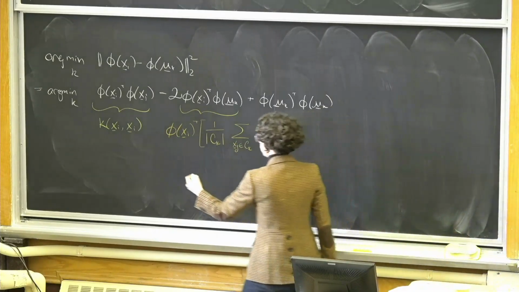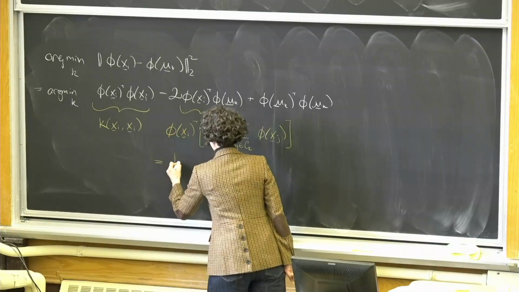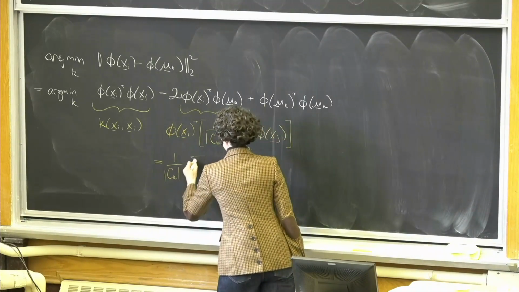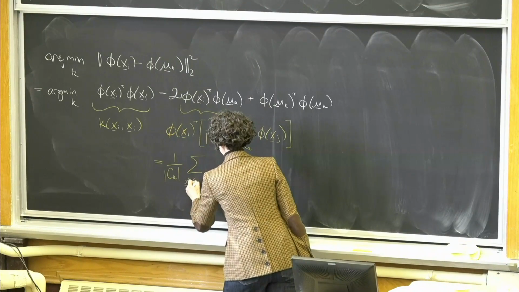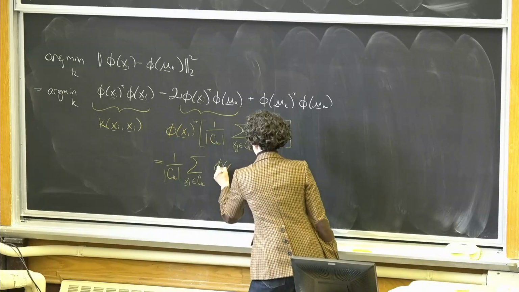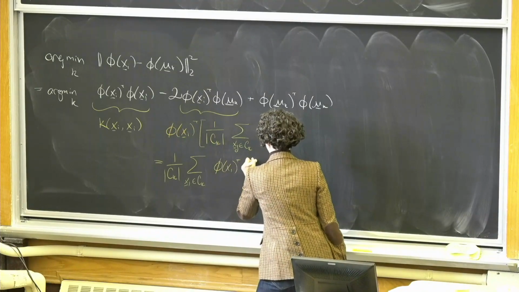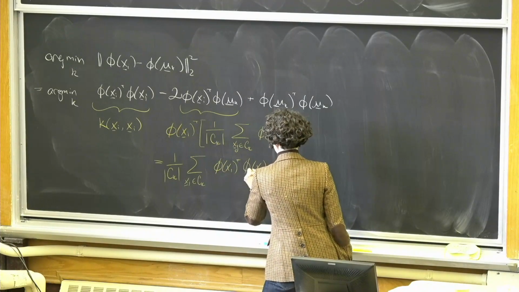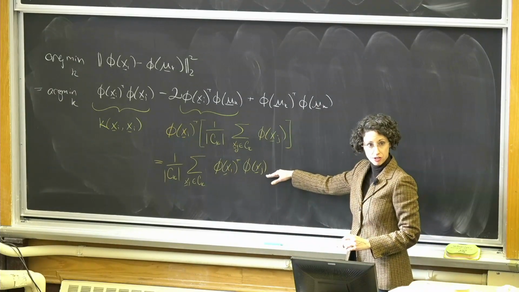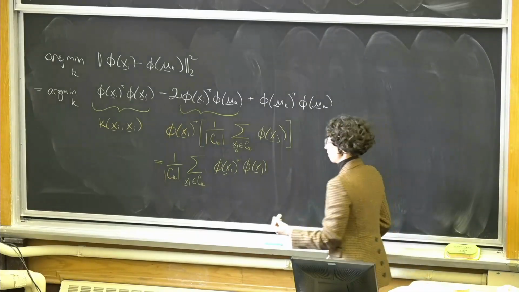Rearranging my factors, I have 1 over the size of cluster k times the sum over all samples xj in the cluster of phi of xi transpose phi of xj. Now I've got an inner product of two vectors in this high dimensional space, which I can compute with my kernel.